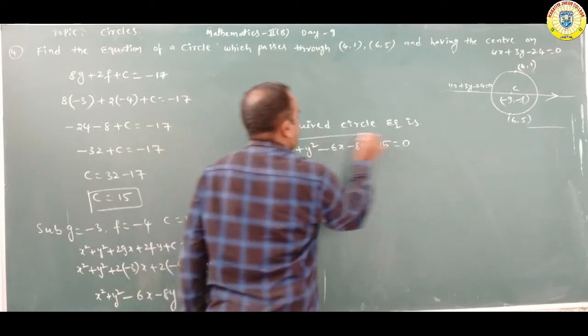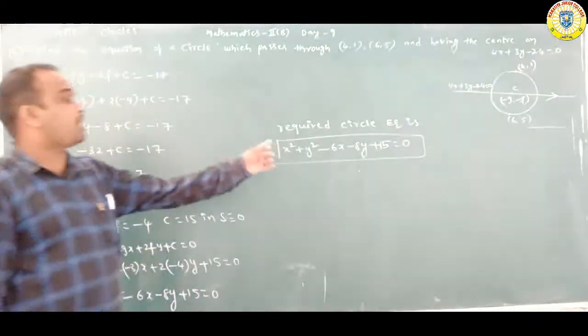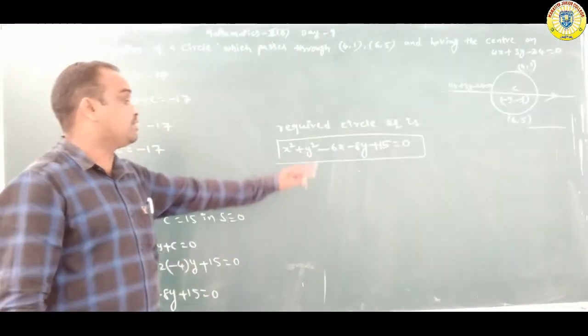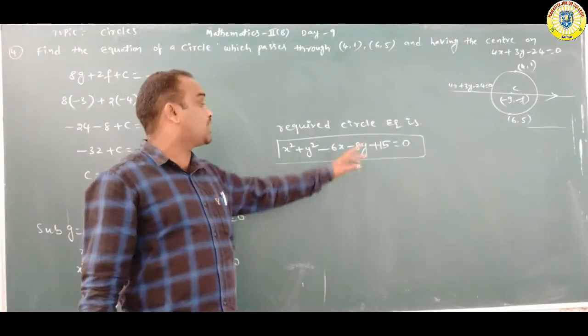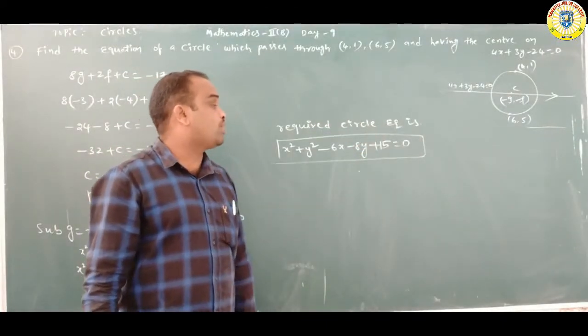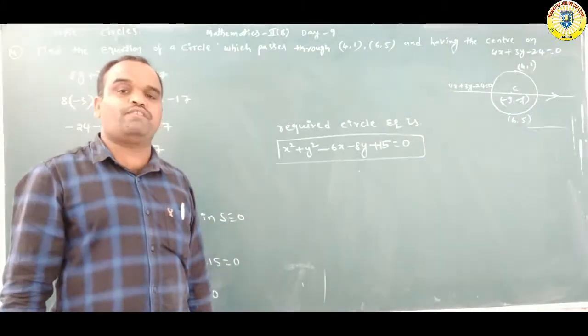The circle passes through 4, 1 and 6, 5 and also the center of the circle lies on 4x plus 3y minus 24 is equal to 0.